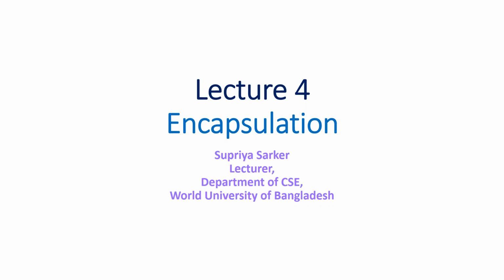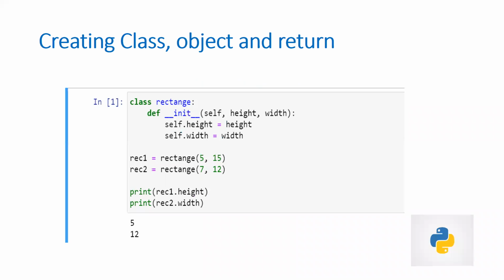Encapsulation simply means data hiding. If we restrict outsiders from accessing our data inside one class, that is called encapsulation. So let's begin the class and see how to do this.